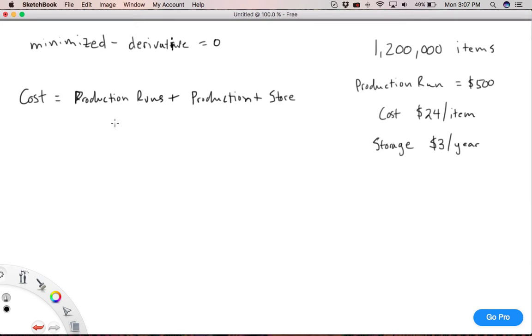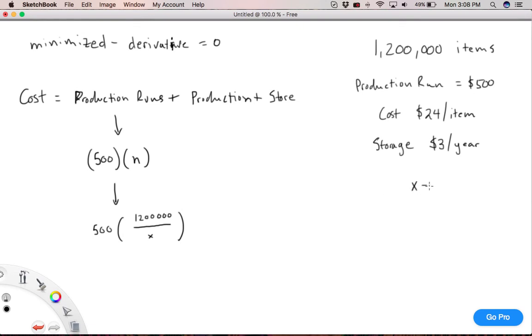Okay, how do we figure out how much the production runs are going to cost? That's going to be the cost of each production run, which is $500, times the number of production runs that we end up doing. You might be wondering, how do we figure out how many production runs we're going to do? Well, it's going to be the total number of items, 1,200,000, divided by x.